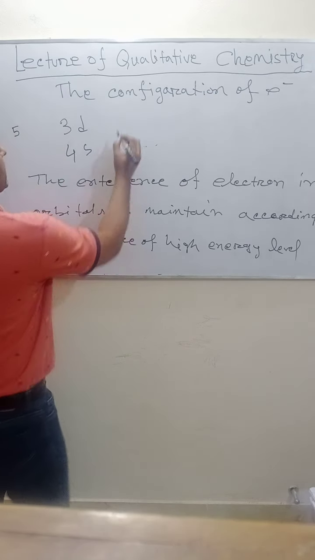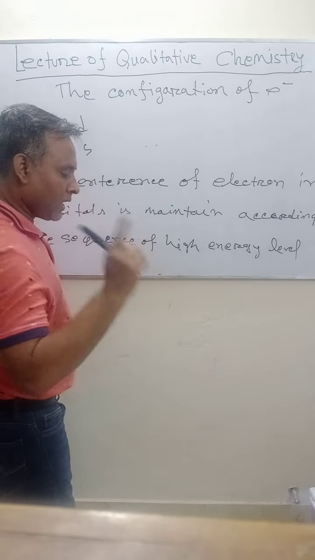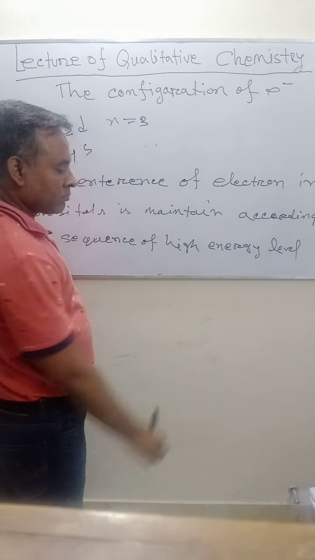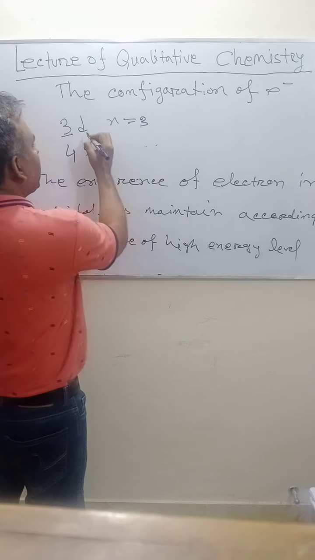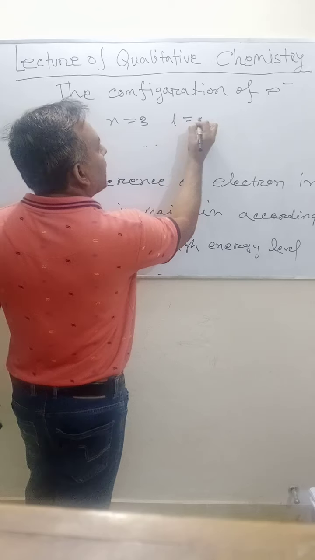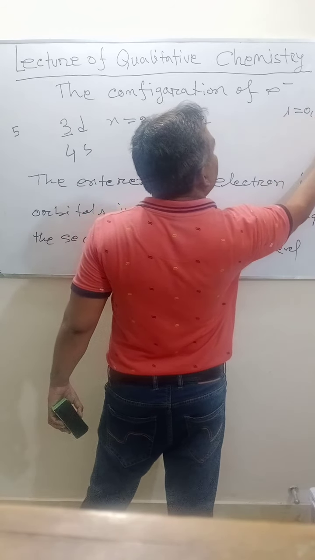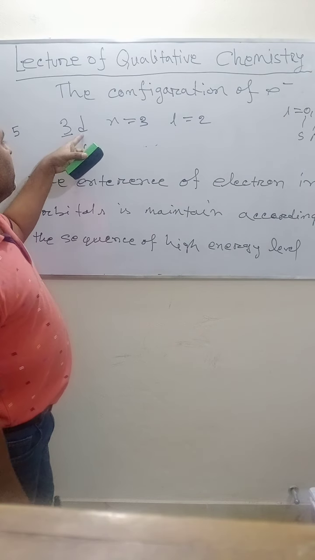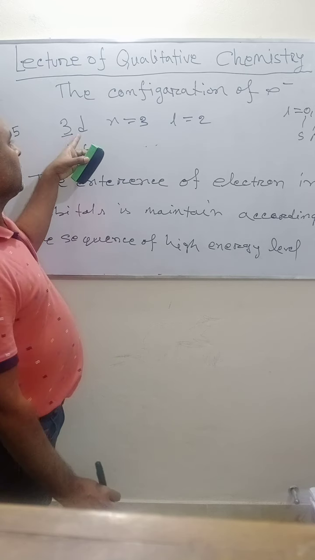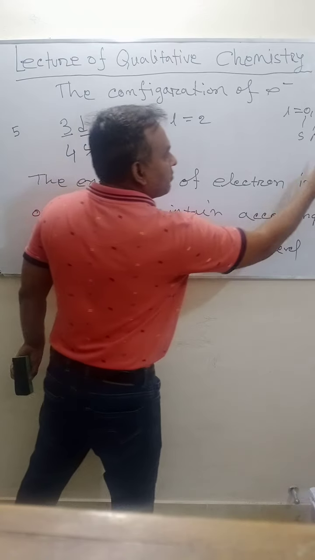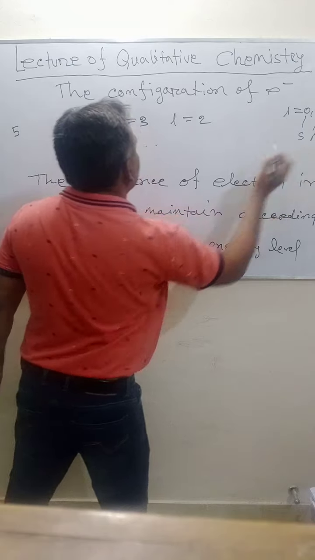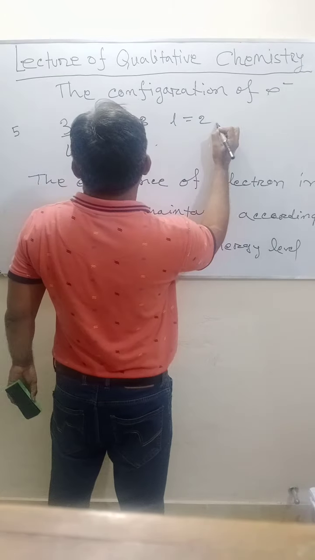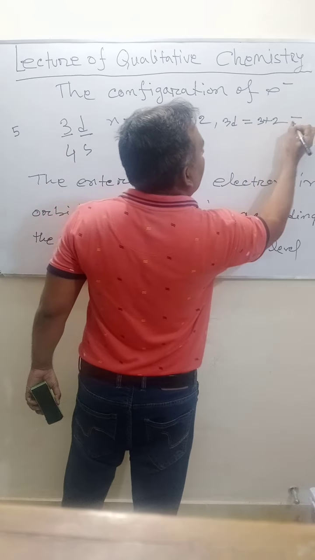You know that 3d means what? 3 means third shell, that means principal quantum number n equal to 3. d means l equal to 2, because you know that l equal to 0, 1, 2, 3 for s, p, d, f. So 3d means n equal to 3, l equal to 2, because d comes from l's value 2. So 3d means 3 plus 2 equal to 5. Clear?